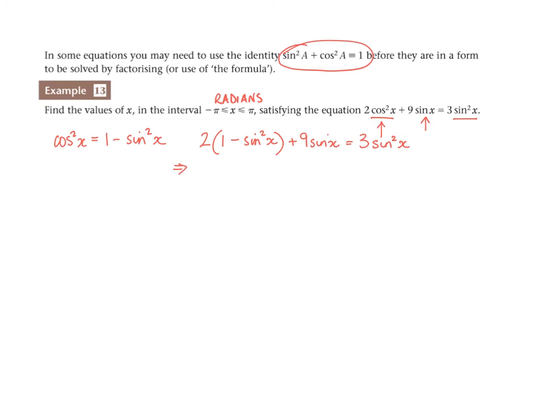We take everything over to one side, or tidy it up, multiply it out. So 2 minus 2 sine squared x plus 9 sine x is equal to 3 sine squared x. And I think everything over to the right hand side would be better. So we'll take the 0 there, and that means we've got 5 sine squared x, we've got a minus 9 sine x, and we've got a minus 2.